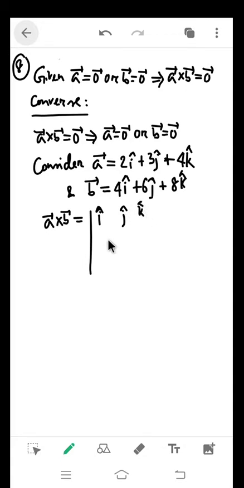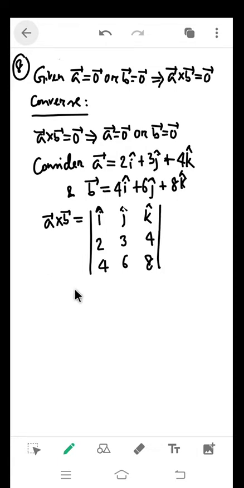In the second row, what will come? The second row is the components of A, that is 2, 3 and 4. And the third row 4, 6, 8. Is it? So this is a determinant and you just calculate the determinant.